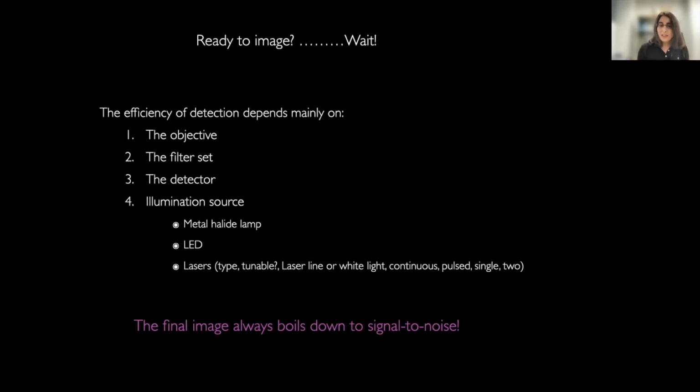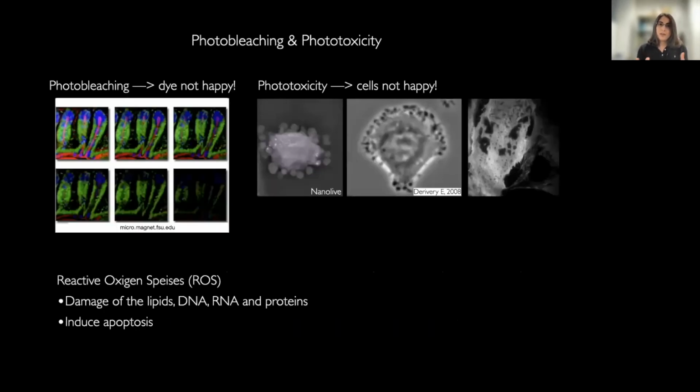Also metal halide lamp, which contains some mercury. LED or lasers, different kinds of lasers. And that all depends on what kind of imaging you would like to perform. The final image always boils down to signal to noise. Right, so we are ready to image.